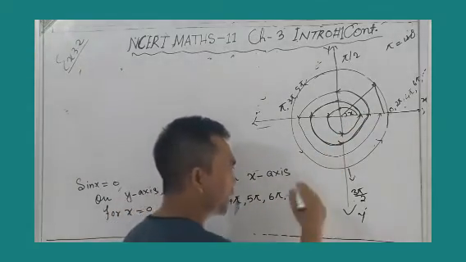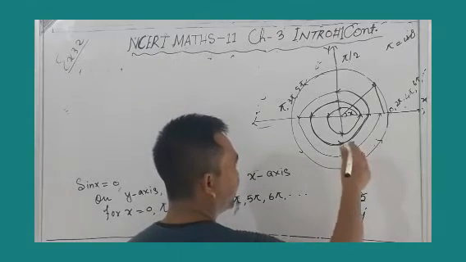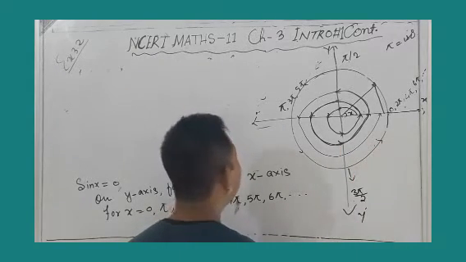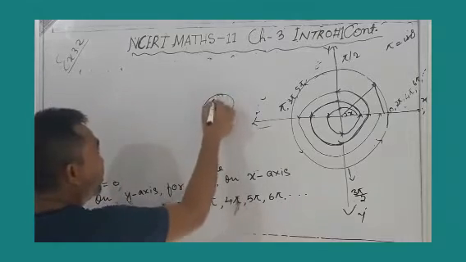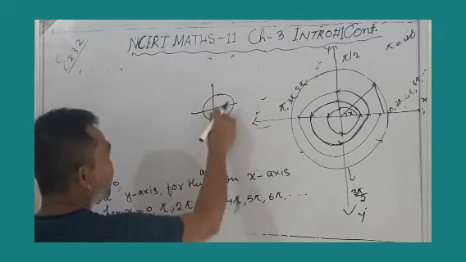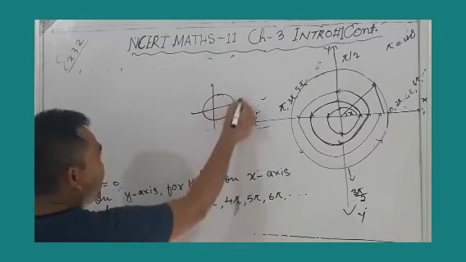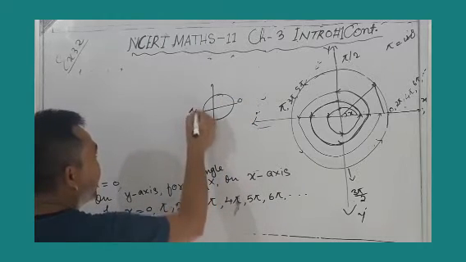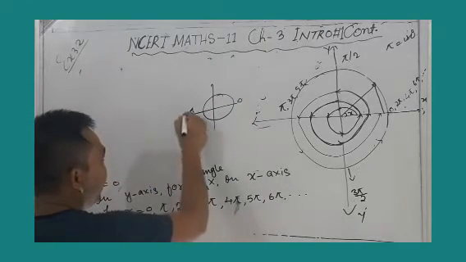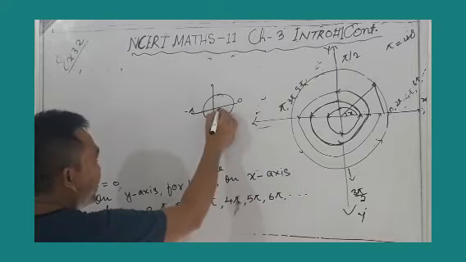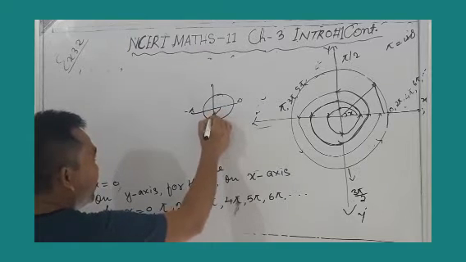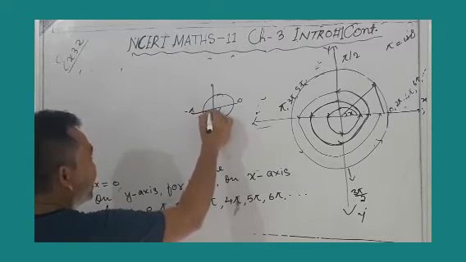For the clockwise direction, where will it start from? It will be like this. I will not draw it completely. Suppose this is 0, this is minus pi. That means it will start from here in this way, in the reverse direction.